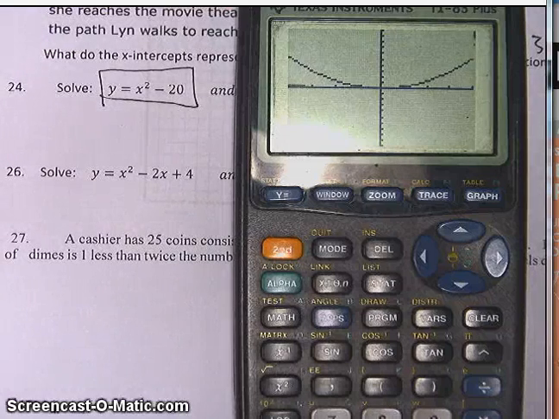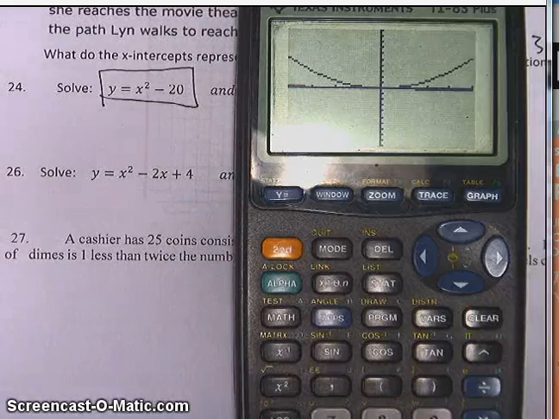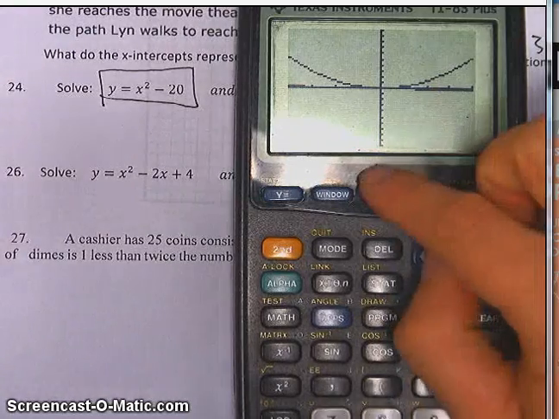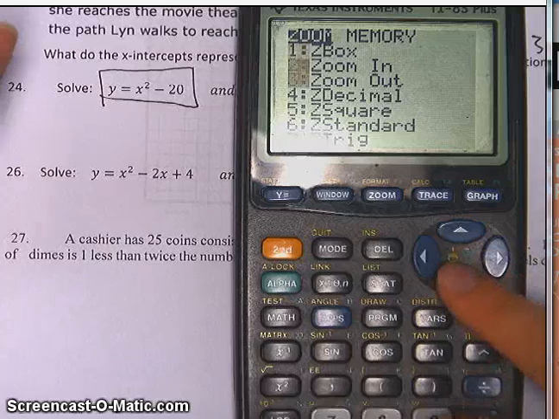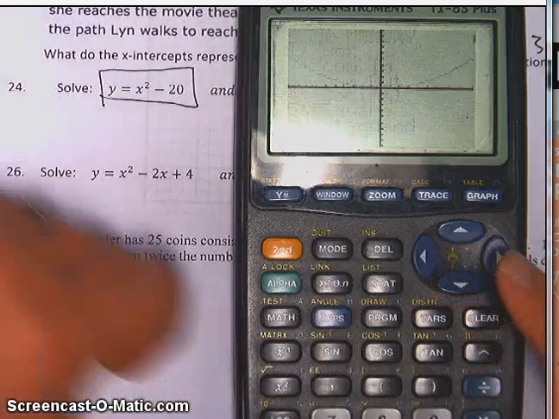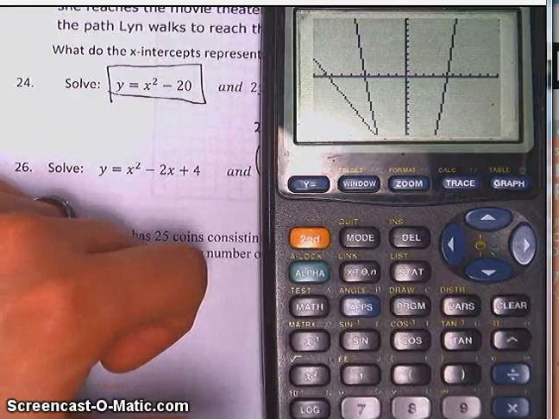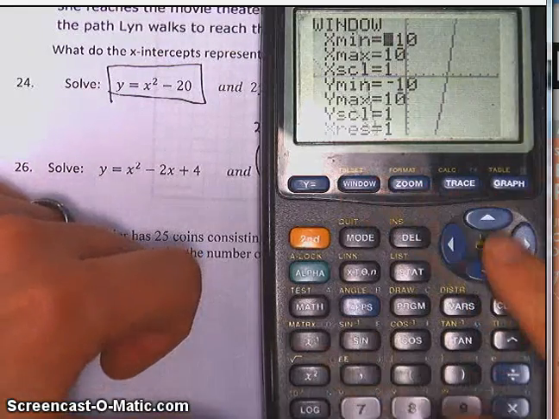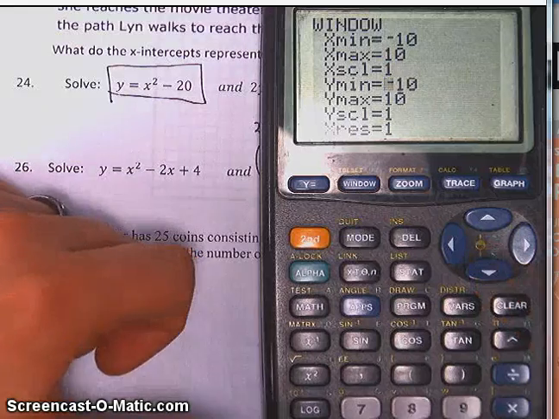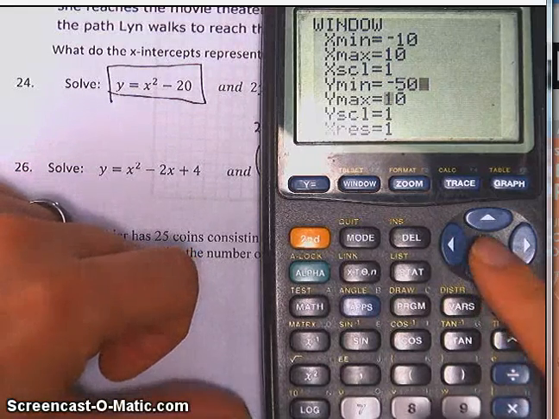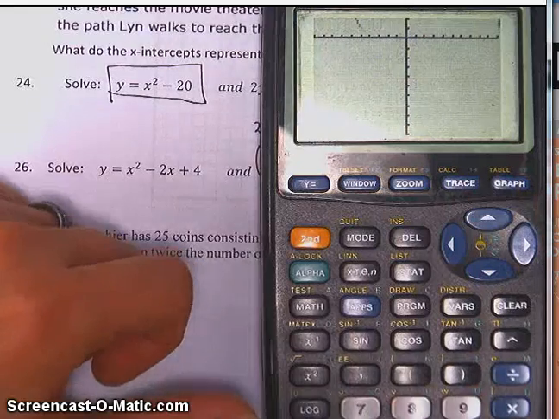And my window happens to be the same as it was just a moment ago, so I probably need to change it so that I can actually see this linear equation. The easiest way to go back to where you were is zoom 6. That's the zoom standard function. Okay, I can see the parabola. Well, now I can't really see the bottom, so I want to go to the window and change the y minimum to maybe negative 50.